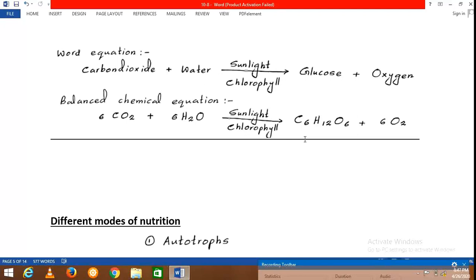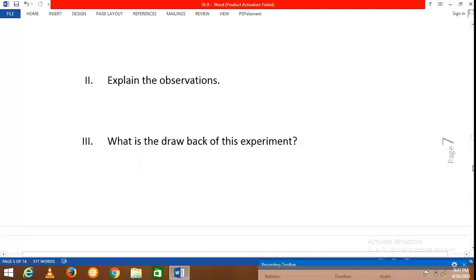Then again it is stored as starch in other plant parts such as stems, roots, and fruits. So that is all about photosynthesis.